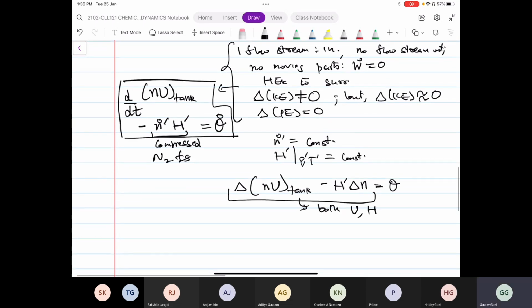Okay. So if you expand this summation a little bit, let us do that. The first term is, so here state 1 is the state of the gas inside the tank before the process starts. State 2 is the state when the process is finished, and the process is filling of a gas cylinder.